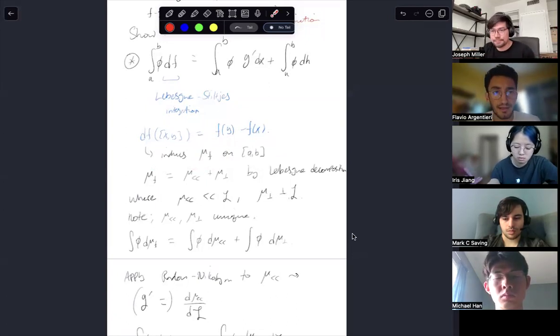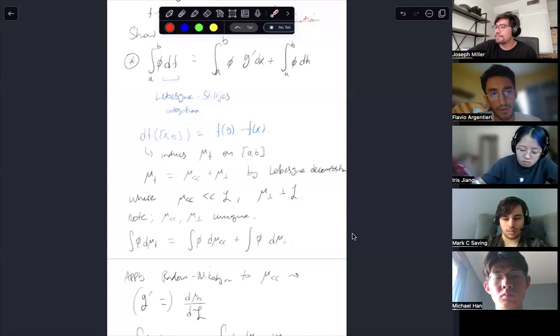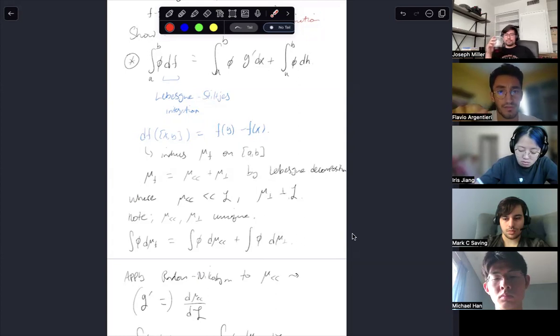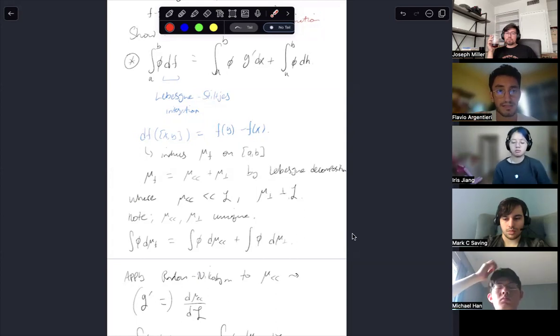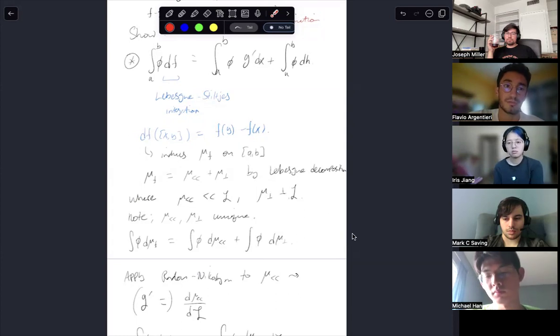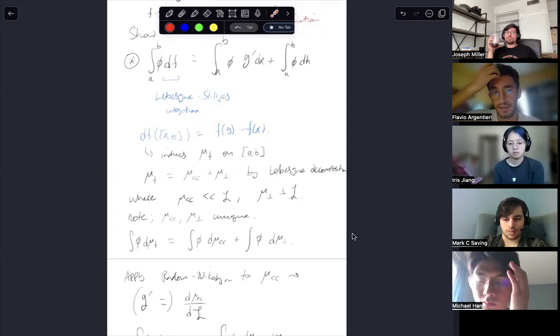Because I was thinking that when you need to use that G is absolutely continuous as a function, then the fundamental theorem of calculus for absolutely continuous functions, you can show that the integral from A to B of phi G prime is the same as the absolutely continuous measure only on intervals, and then by uniqueness they're equal on the intervals, but then you need to use the extension.